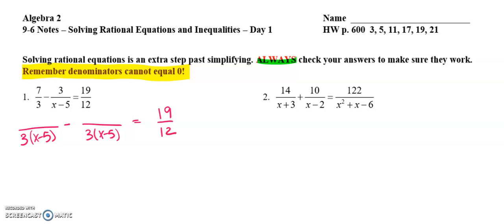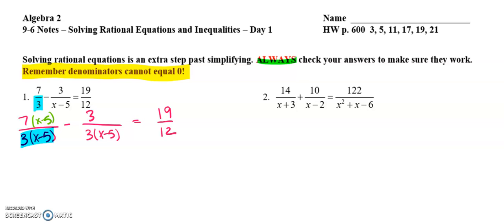Okay, so then what? I had a 7 in the numerator on the first fraction and I had a 3 in the numerator on the second fraction. So what's missing? When I compare this denominator with this denominator, what was missing? I was missing the x minus 5.